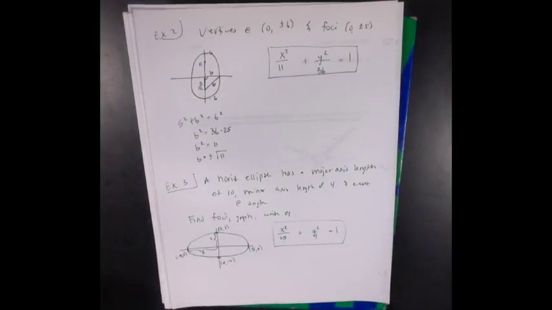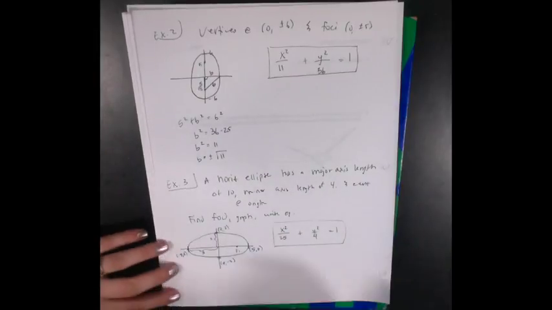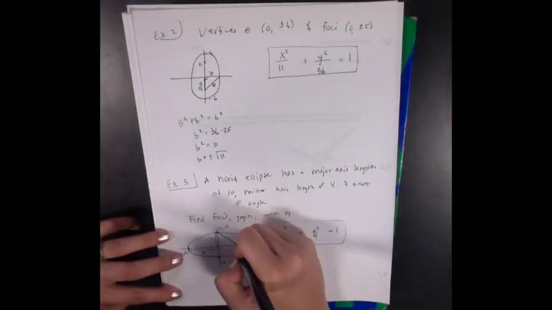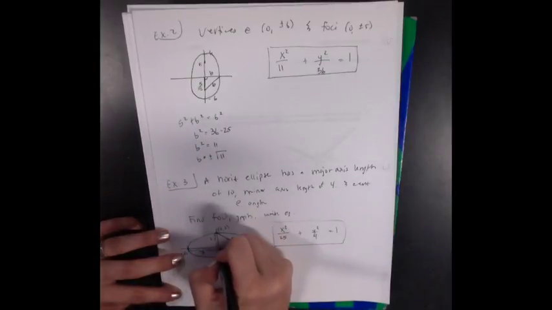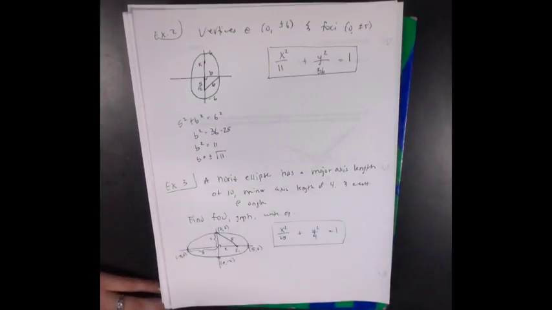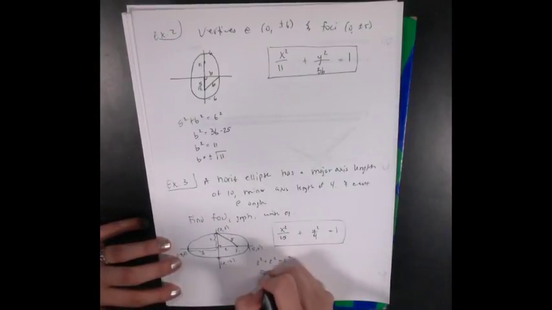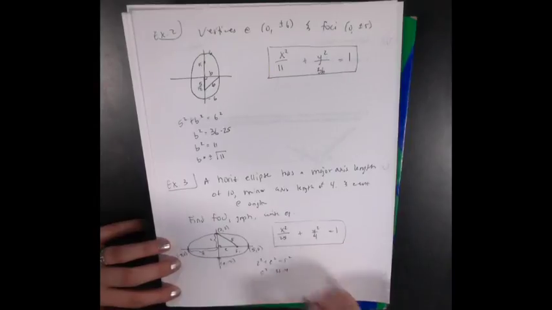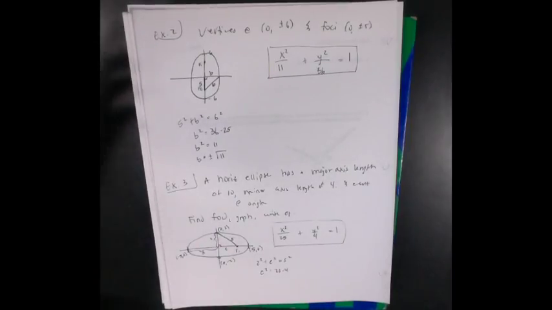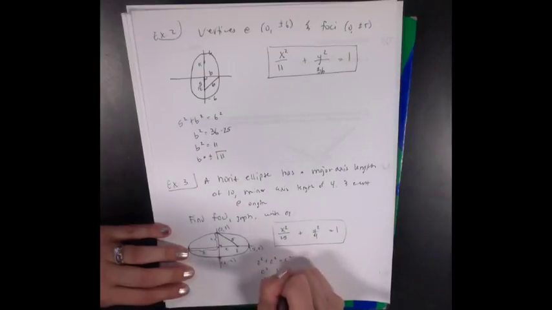Here's my equation. Now I'm looking for the foci. I know that this distance is 5, and this distance is 2. Let's call this c. So 2 squared plus c squared is 5 squared. So c squared is 25 minus 4, which is 21.